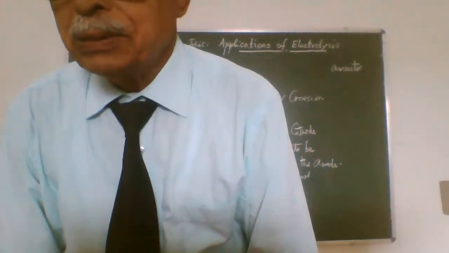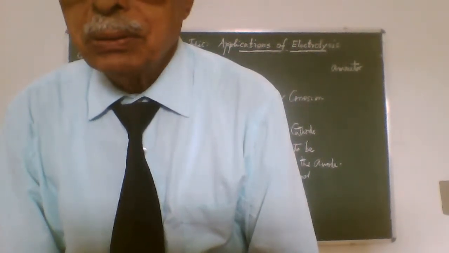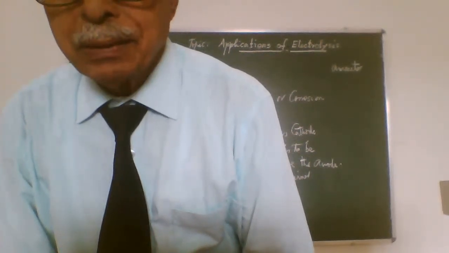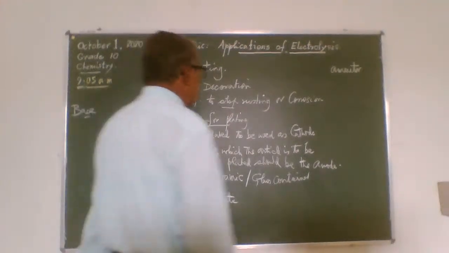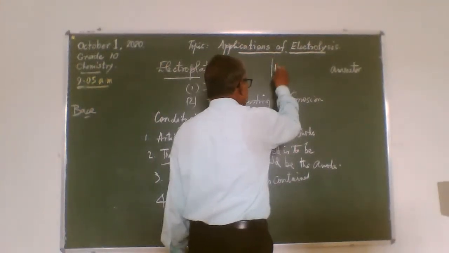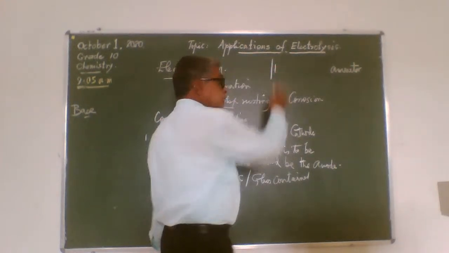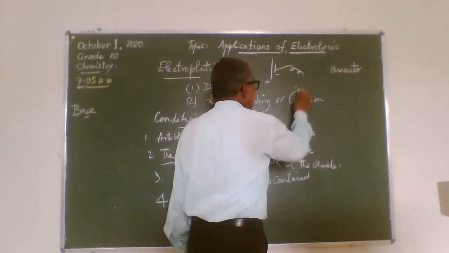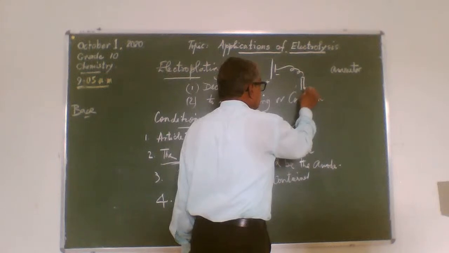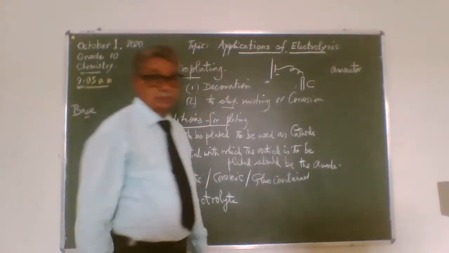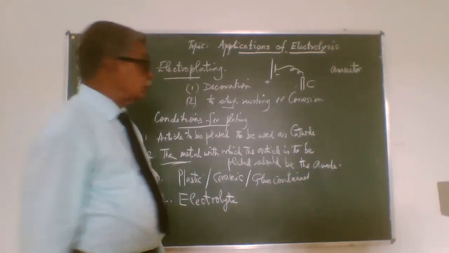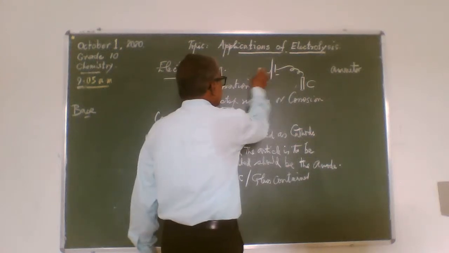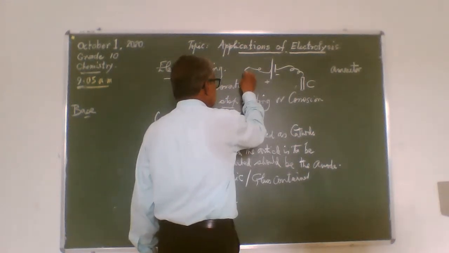The cathode. The battery is usually shown like this: this line is positive, this is negative. The negative should be connected to the cathode, since the plate connected to the negative is the cathode. And the positive should be connected to the anode.